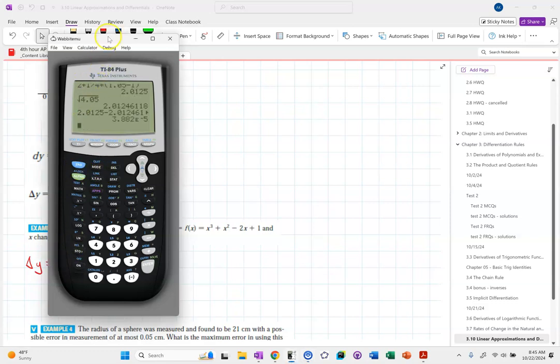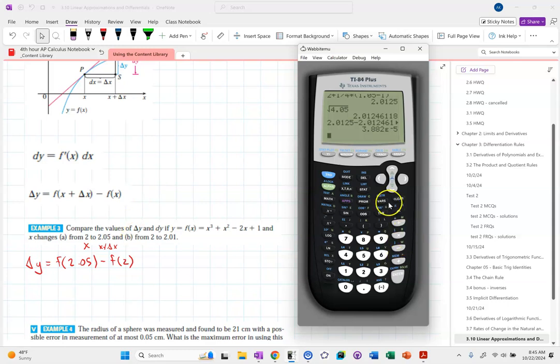And then to do this, I'm going to press vars, go over to y vars, pick function, and then pick y1, and do 2.05 minus, and then I'll do the same thing, function vars, y vars, function y1 of 2. So it operates just like function notation. So that's my delta y.